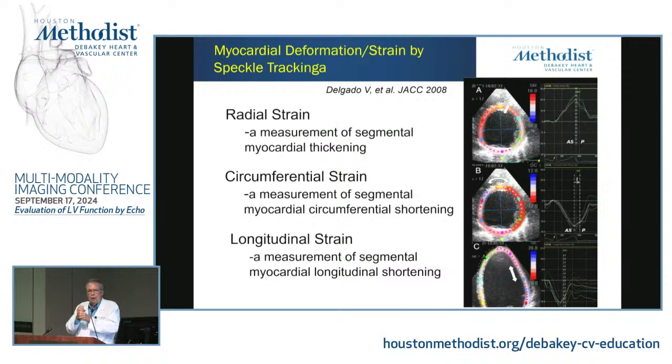So you have a lot of hearts that have pretty decent circumferential shortening, but pretty lousy longitudinal shortening. And among other reasons, that's probably the biggest reason that longitudinal strain today is more popular, more used on a daily basis, as we're going to discuss in a minute.